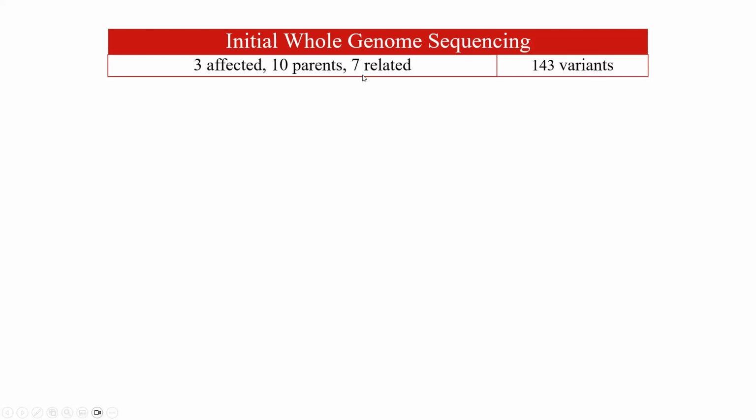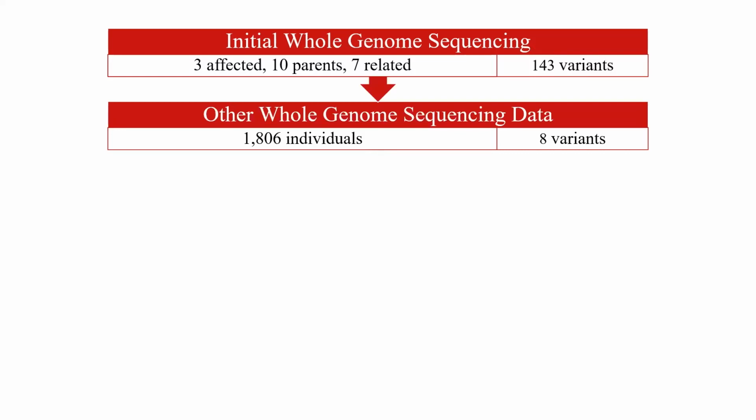These included sibs of the cows that were parents and a couple sibs of the affected calves. So amazingly, Renee was able to filter the 2.5 billion bases of the genome down to 143 variants that fit our hypothesis. So where the calves were homozygous, their parents were heterozygous, and then the unrelated animals didn't have that variant at all.